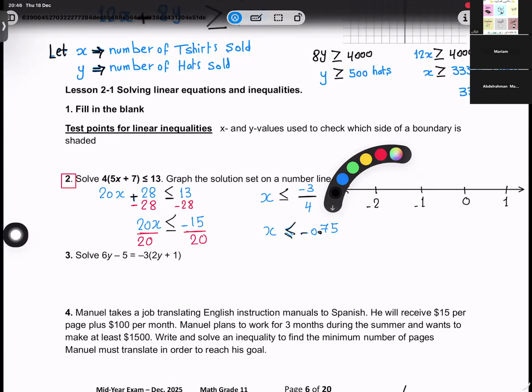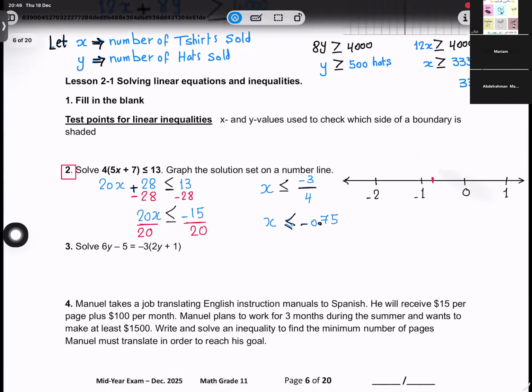Okay, negative 0.75, somewhere between 0 and negative 1. It's closer to negative 1, right? So what we'll do here is graph on a number line.